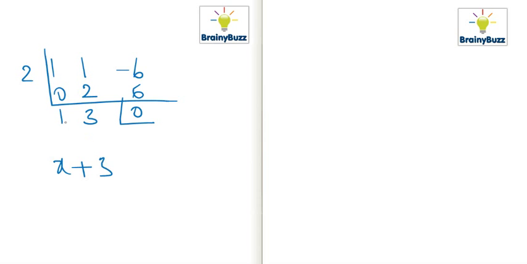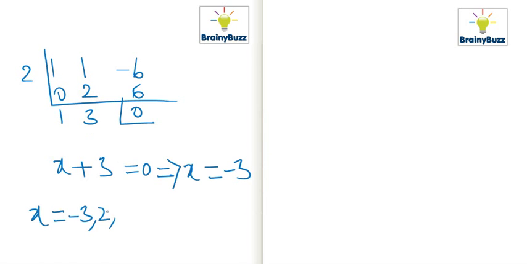Here this is the x term and this is the constant term. So x plus 3 is equal to 0. That means x is equal to minus 3 is one of the roots. So now the roots are x is equal to minus 3, 2 and minus 1. This is the way to find the roots.